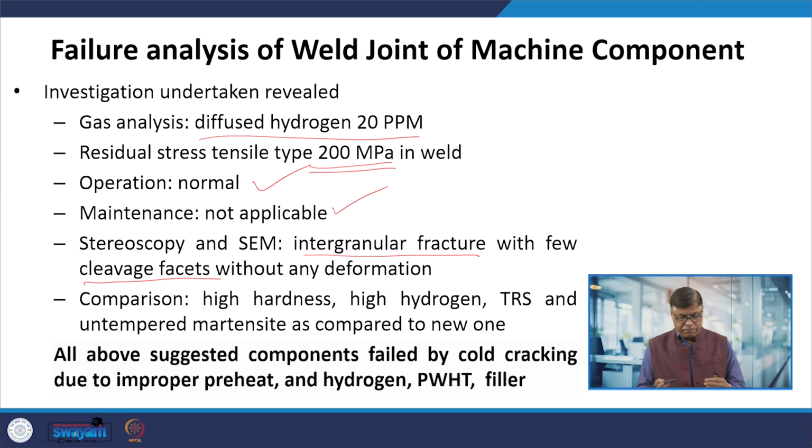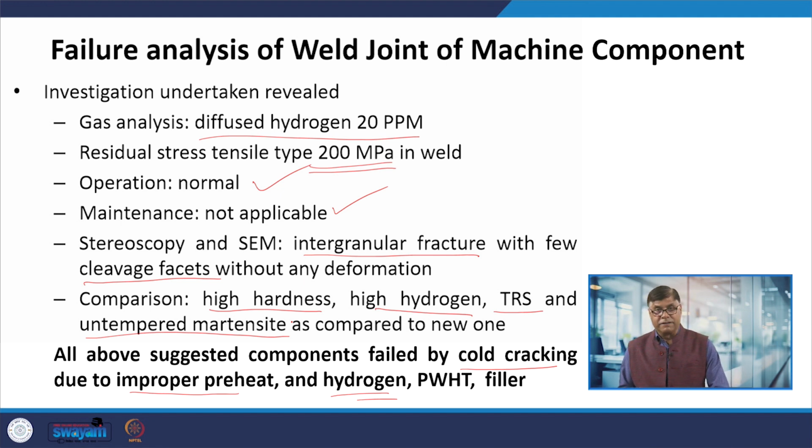Comparison of this field sample with the new one indicated higher hardness, higher hydrogen, higher residual tensile stresses, and untempered martensite. So, all of the above suggested that the component failed by cold cracking because of no preheat, no PWHT, and also high hydrogen content, and an inappropriate filler was used because the weld metal was also showing extremely high hardness. So the use of low strength fillers, proper preheat, and proper PWHT could have avoided this kind of cracking.